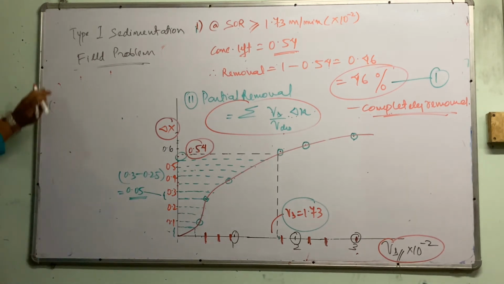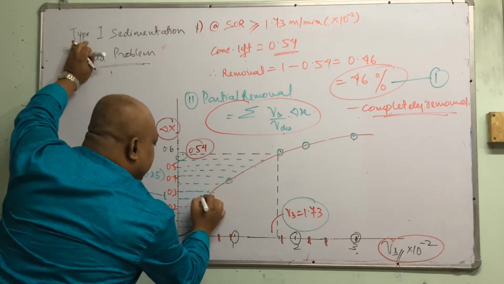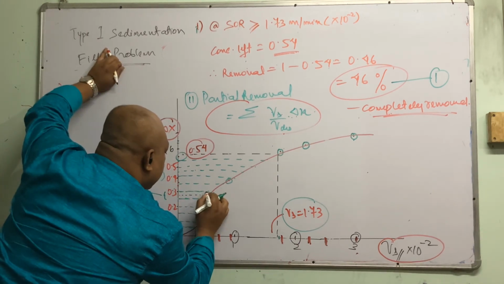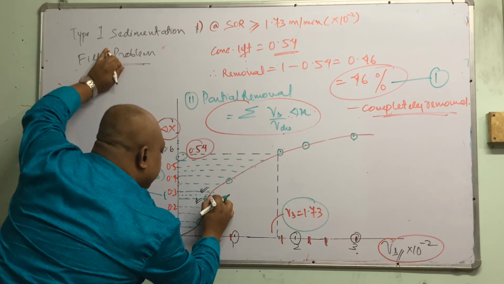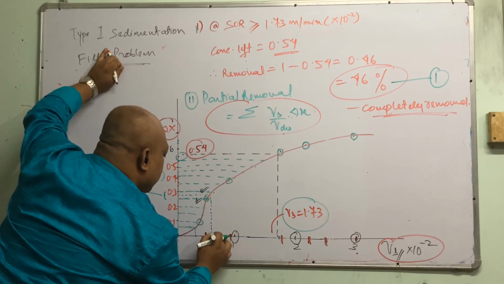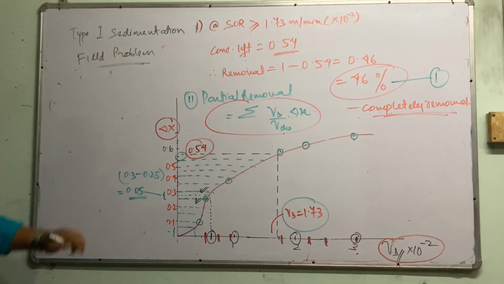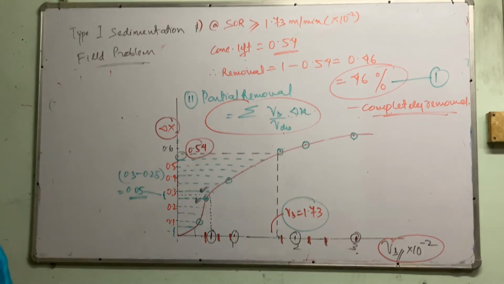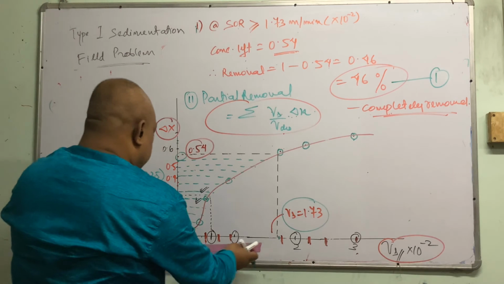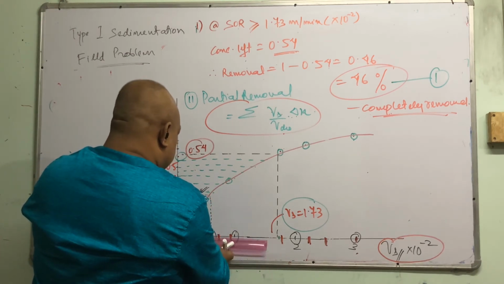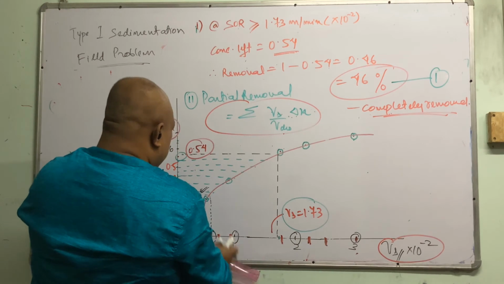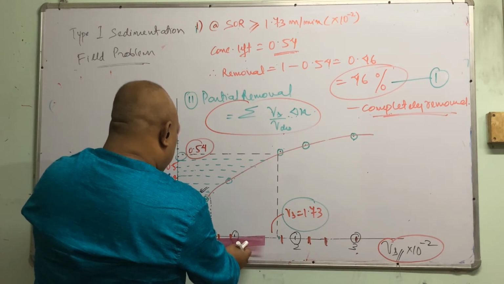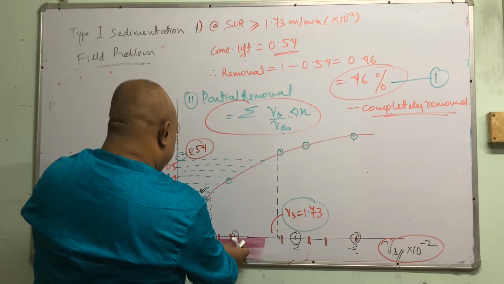If you take this part, this is the middle. I'm taking this part and this part. What is the settling velocity in the middle? You check over here. The settling velocity from here to here is roughly this is 1, this is 0.5, 0.55.